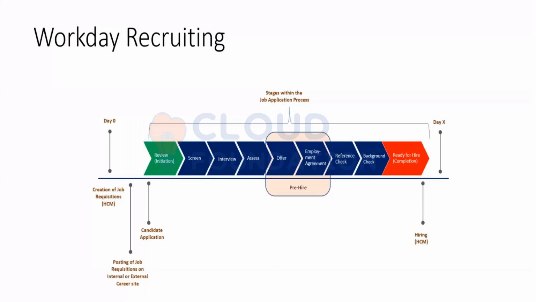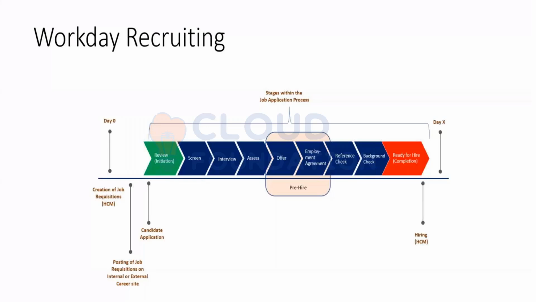After certain steps in the job application process, we will come to know whether that candidate will be hired or not. If he has cleared till assessment, it means he will most probably be hired in the future. So Workday creates a pre-hire record of that particular candidate. It means certain basic details of that candidate will get stored in Workday forever.